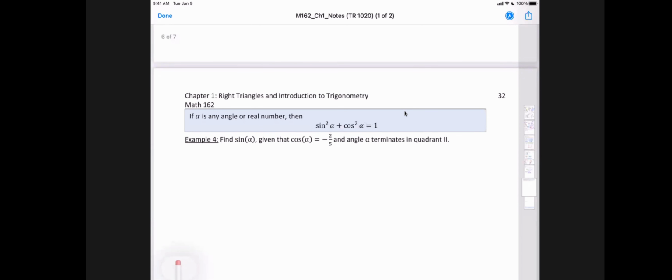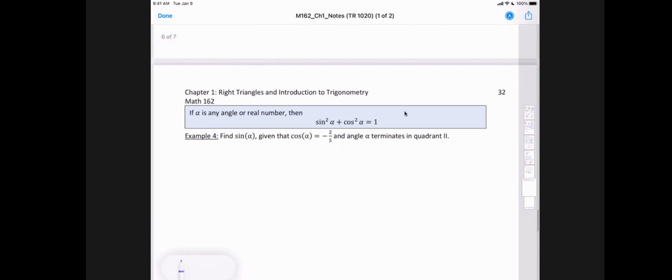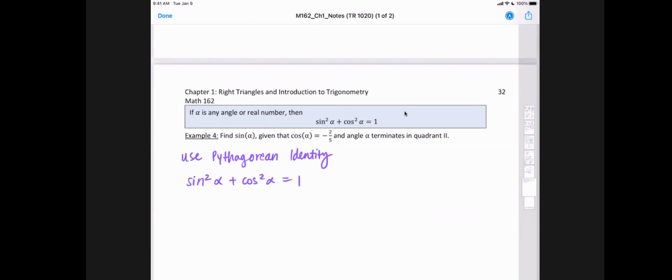And so we'll start this off. Let's use the Pythagorean identity. Okay, so sine square alpha plus cosine square alpha is equal to 1.